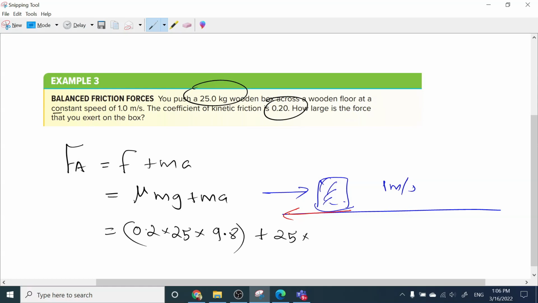Here the box is moving at a constant speed. If any object is moving at a constant speed or is at rest, then acceleration is equal to 0. So when I calculate this, I get the answer 49 Newton. I have done this before, so I know this answer is 49 Newton. So 49 Newton is the value of the applied force.